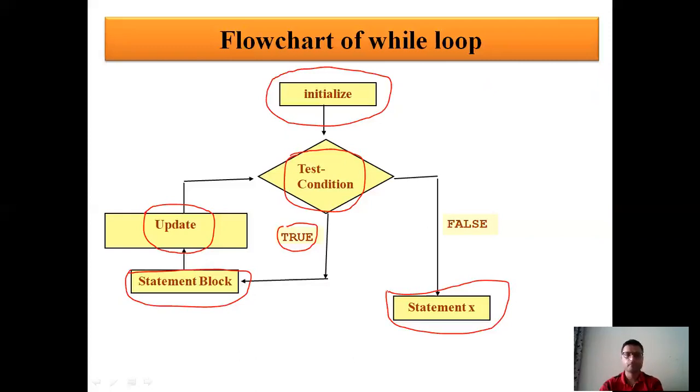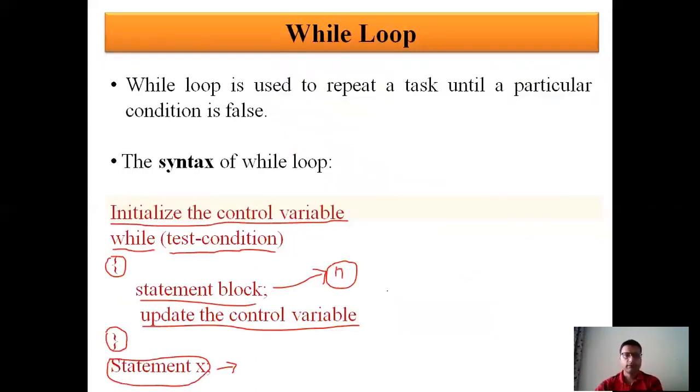Okay. Now let us discuss one fundamental difference between this while loop and for loop. See, practically, if you can implement any problem with for loop, then you can always implement it with while loop, because there is a difference of syntax. Ultimately, the components are same.